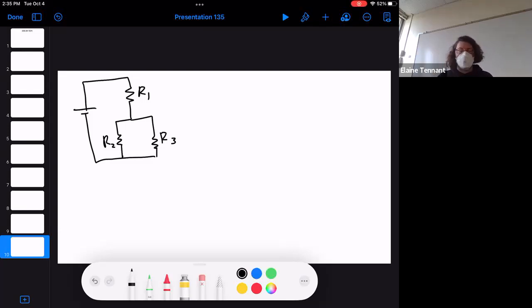All right, so I do R2 and R3 in parallel, and then I do that in series with R1. Okay, so in parallel, I have to use this guy, 1 over R2 plus 1 over R3.